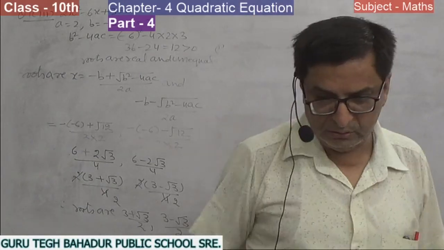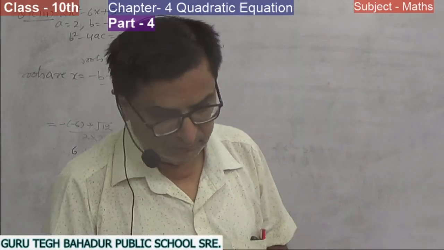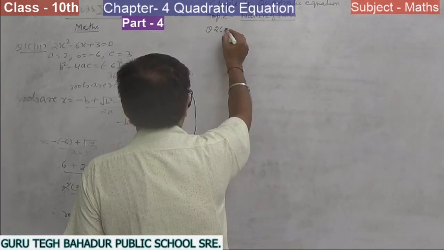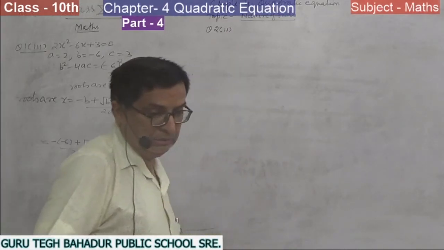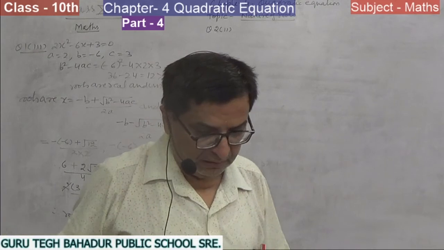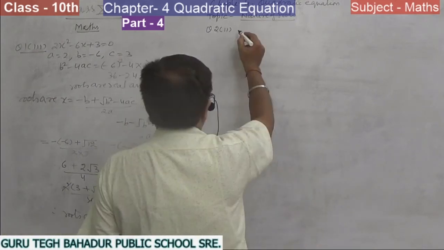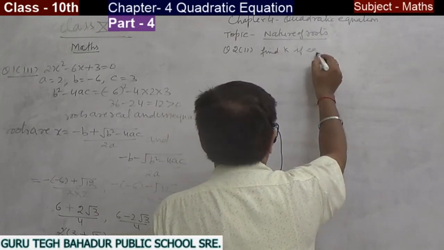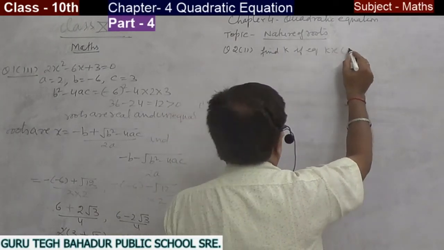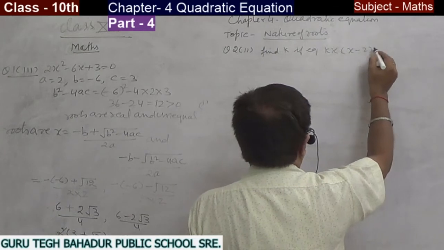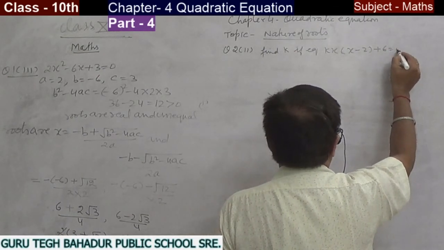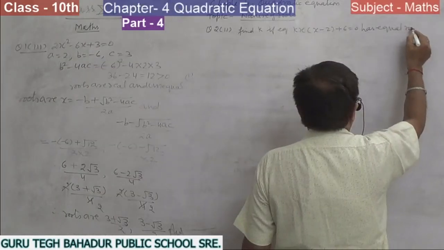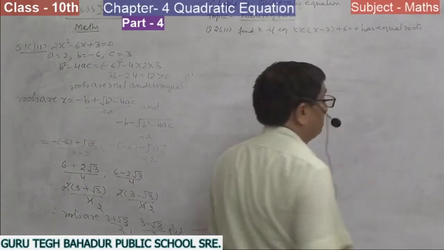Now see the question number second part. Find the value of k. Find k if equation kx(x minus 2) plus 6 is equal to 0 has equal roots.